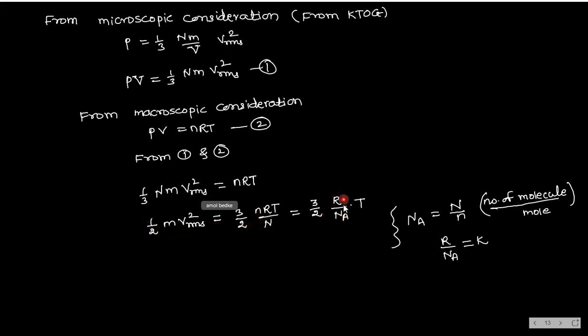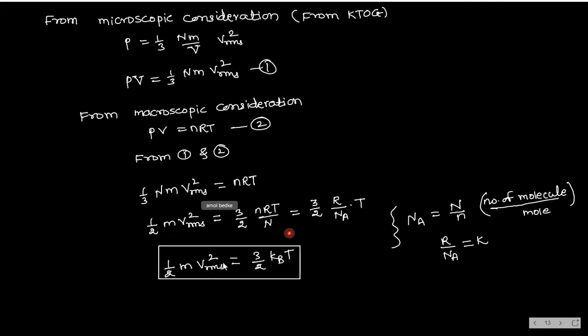Then you are getting 3 by 2 R by Na into T. Already you know this part. R by Na is equal to k. So from this, half m Vrms square is equal to 3 by 2 kBT. Yes, what I did, just R by Na we have replaced with k. Already I have shown here how you got this, Na is equal to N by n and all. You can see once.